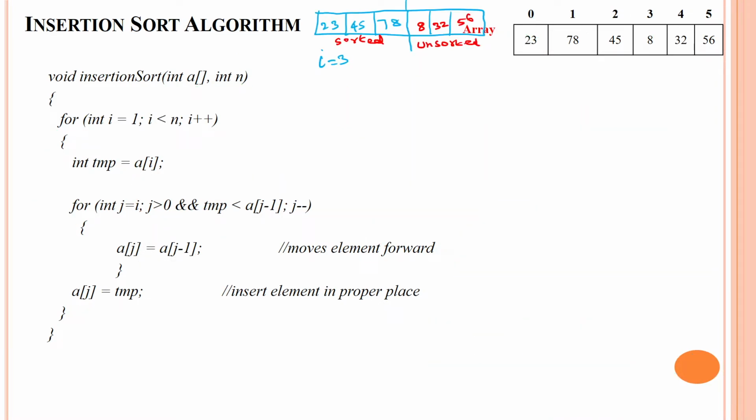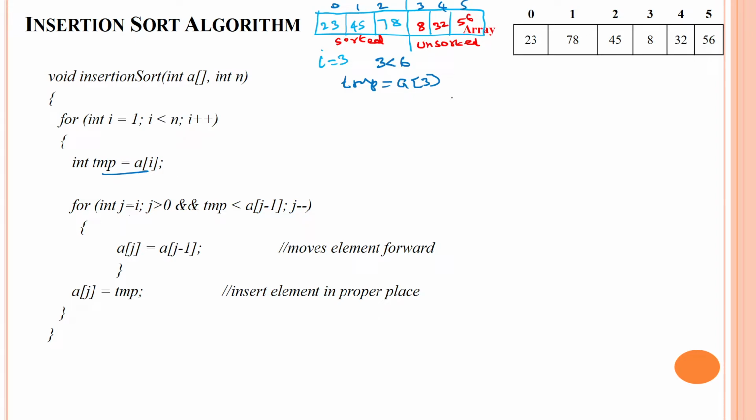So now we will get inside iteration number 3. So i equals 3, so 3 less than 6, the condition is true. Now the temporary will be a of 3. So this is the index 0, 1, 2, 3, 4, 5.